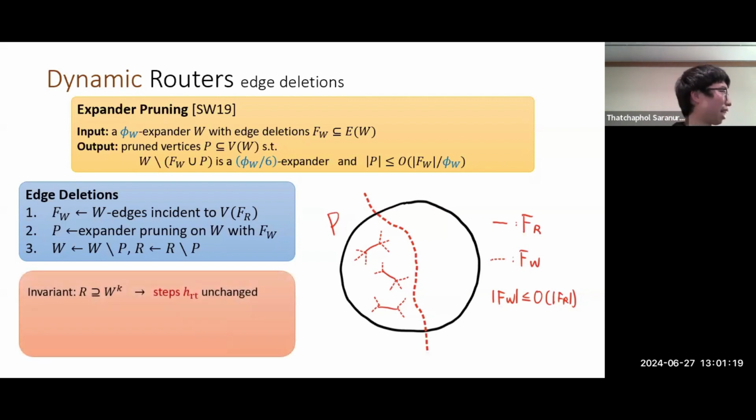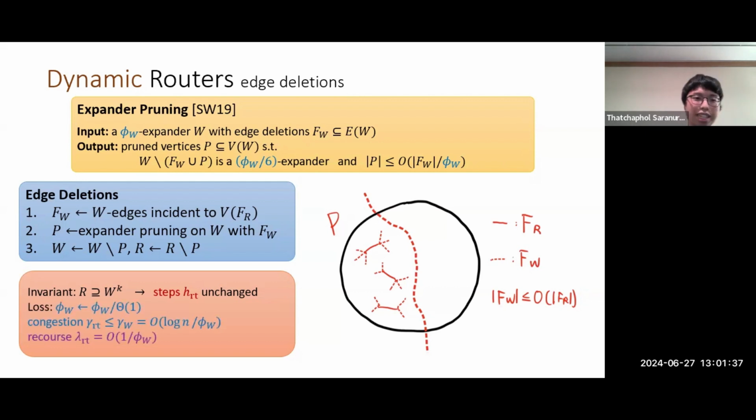Yeah, and it's very easy to see that this invariant holds: R is always a supergraph of the K-th power graph of W, because we just remove vertices. So the steps parameter h is unchanged.